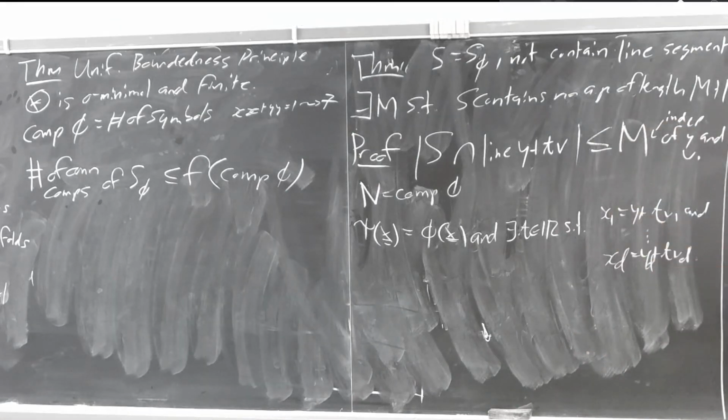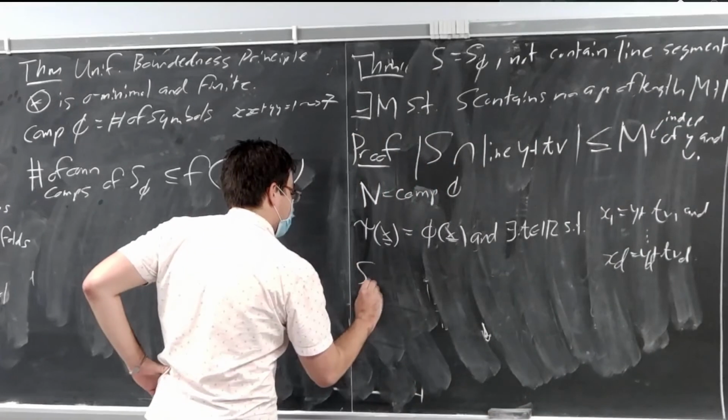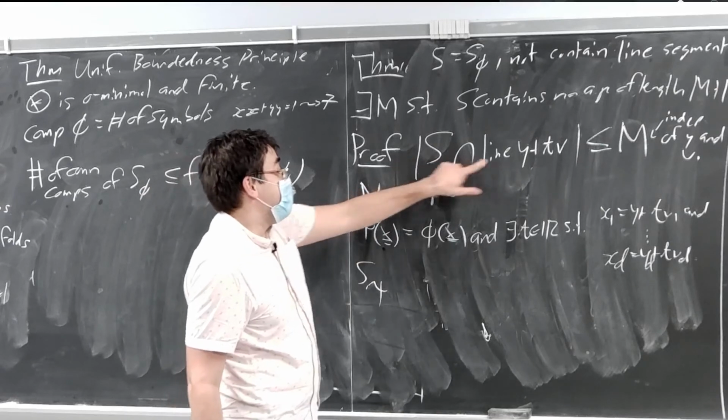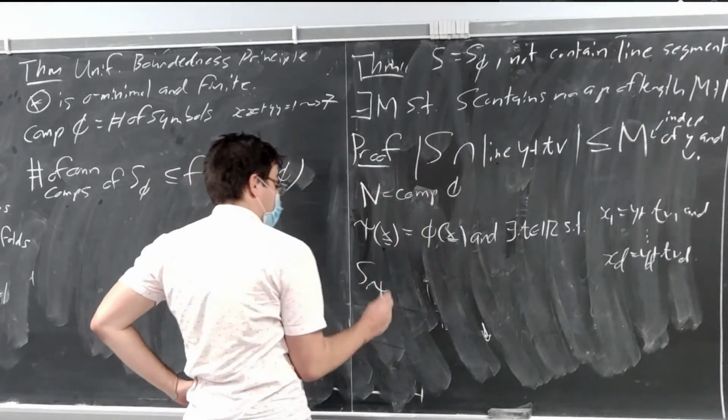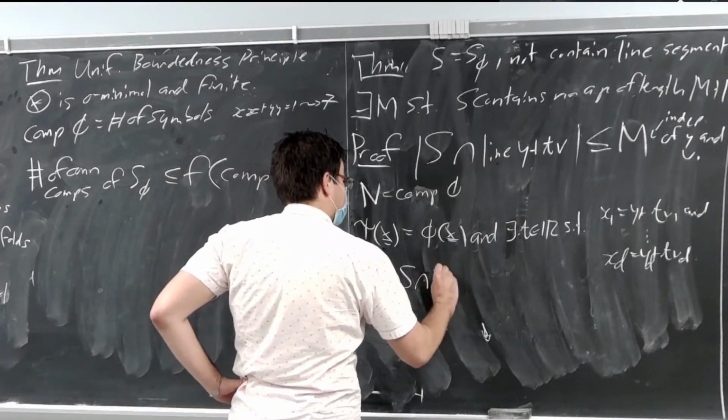So I just exhaustively wrote down what it means to lie in a line. So in particular, the set of points which make this formula true are those that make S true and which make the line statement true. So this is equal to S intersected with this line.